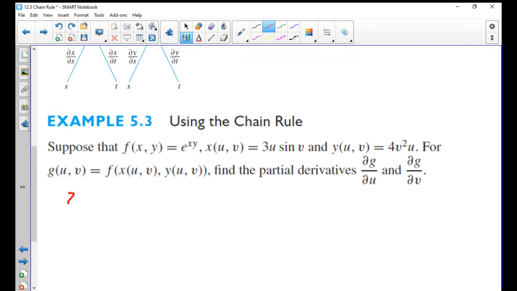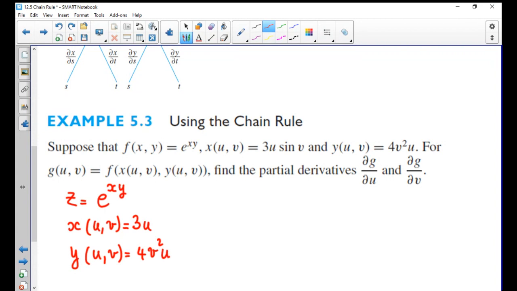Okay, here z is e^(xy). X is a function of two variables u, v, so it's 3u sine v, and y, function of two variables, is 4v squared times u. So we have this situation.